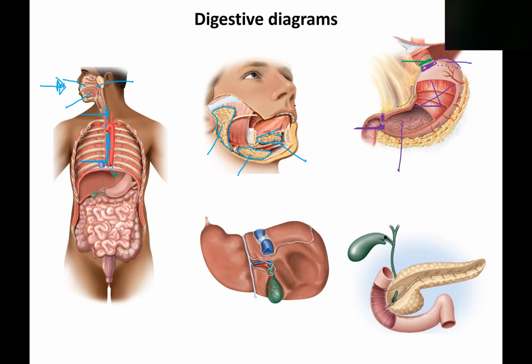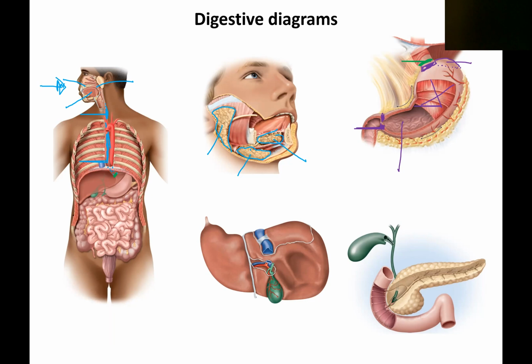It gets there, it can't go any farther, so it comes back up. And the cool thing is that a lot of times just running the scope down there and pushing the scope, the tube through that sphincter is enough to stimulate the sphincter to start working properly. It doesn't always fix it, but it can.